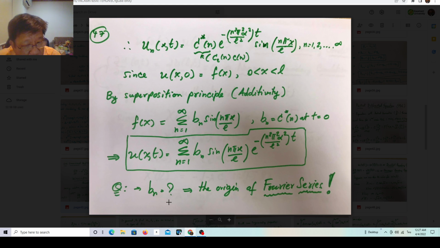And to find b sub n, Joseph Fourier, the guy who solved this question, derived it, and the result is a beautiful result that you're going to see later. We call it the Fourier series.